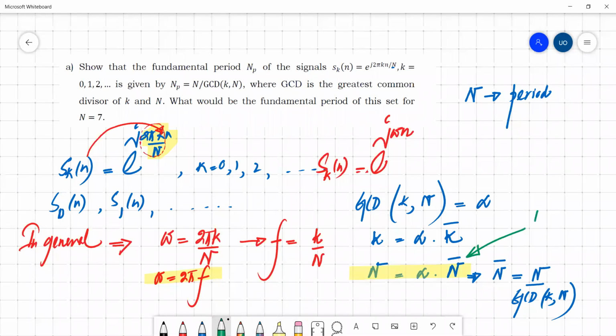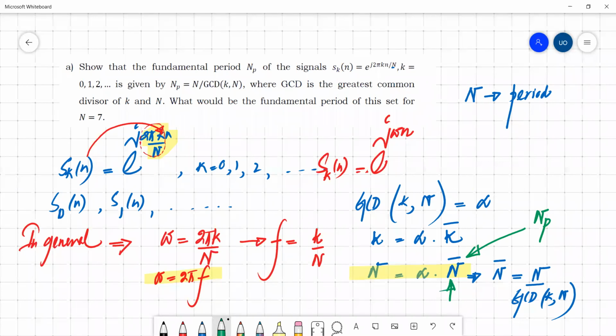If this is the fundamental period, you can simply represent the periods of these other signals as a multiplication of this N_p. So it may be N_p times 1, N_p times 2, N_p times 5, N_p times 7. Likewise, you can represent the period of this set of signals as a function of N_p.